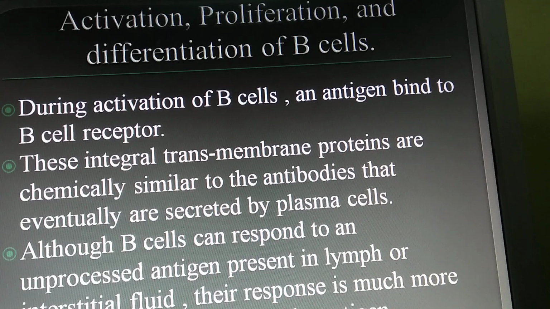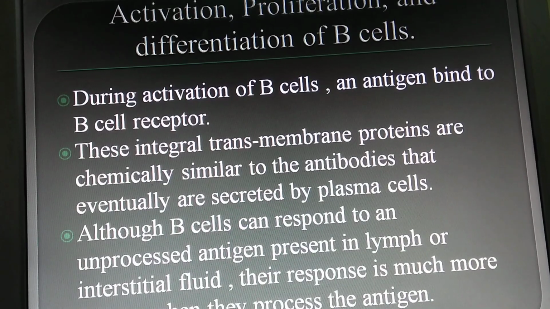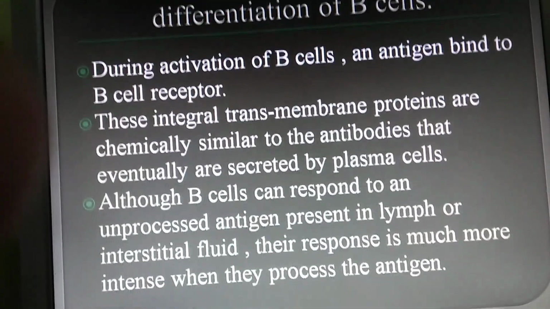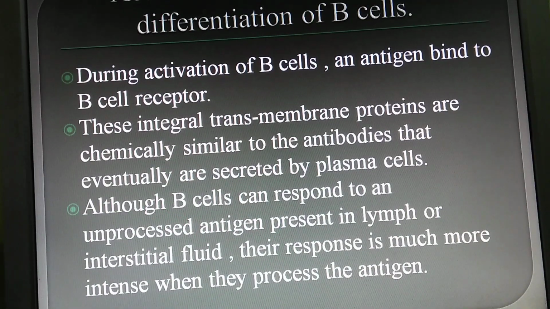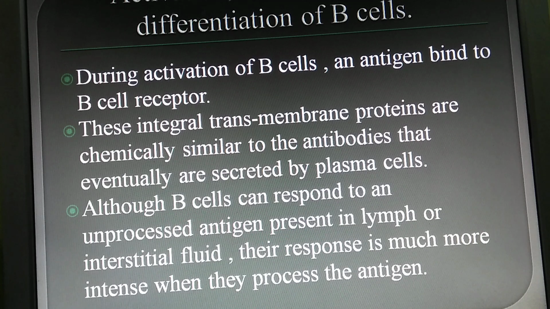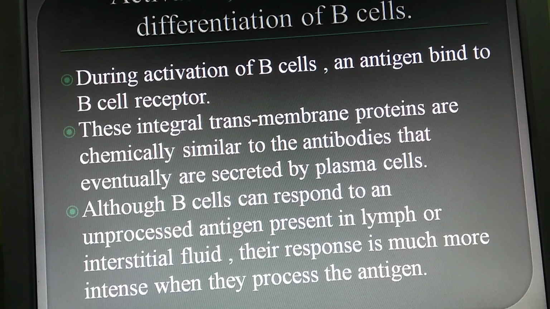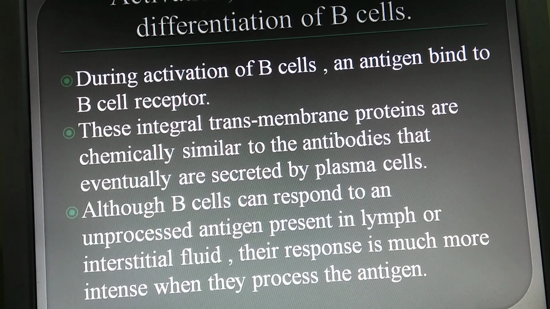Although B cells can respond to an unprocessed antigen present in lymph or interstitial fluid, their response is much more intense when they process the antigen. That means antigen processing is also necessary.